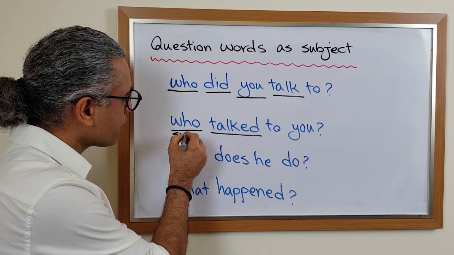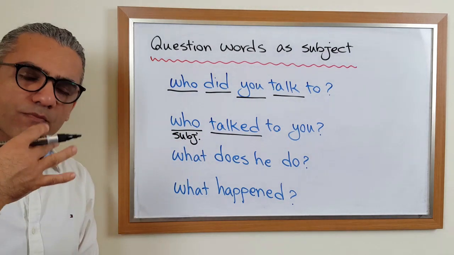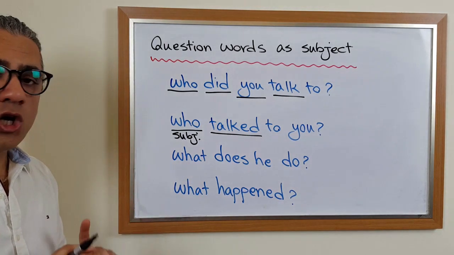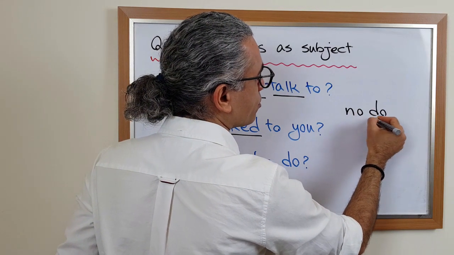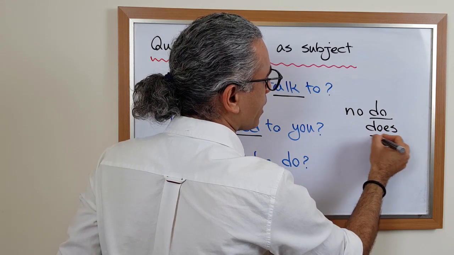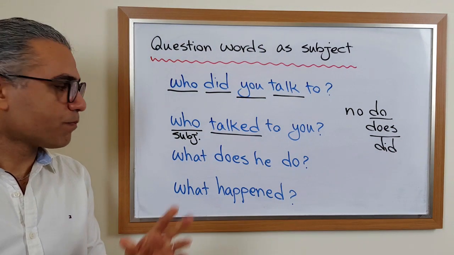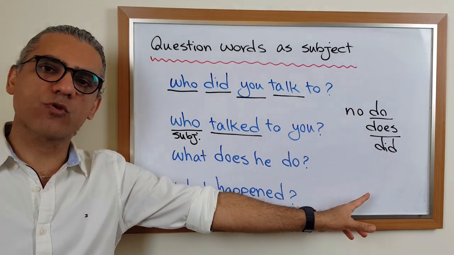Who is your subject. When generally a WH word is your subject, we don't use do, does, and did. So if you have a WH question with the WH word as your subject, we don't use auxiliary verbs.